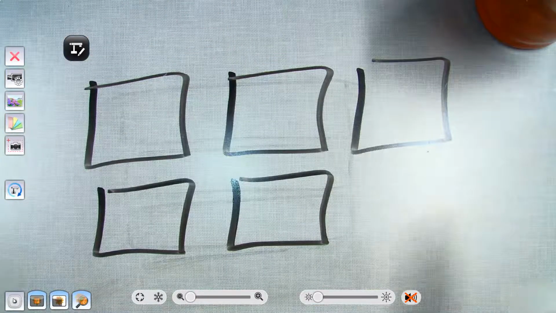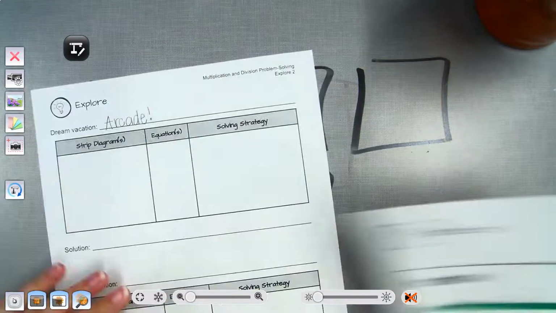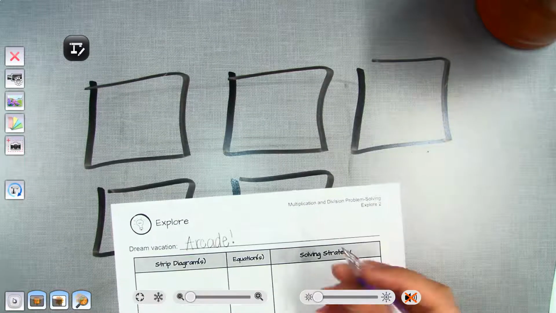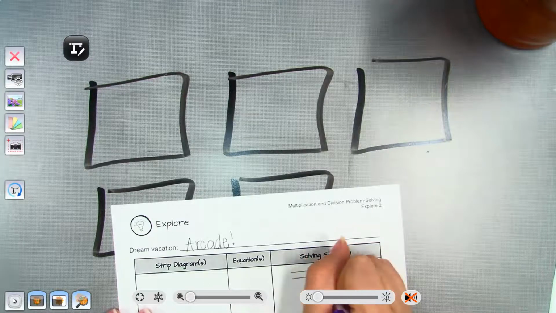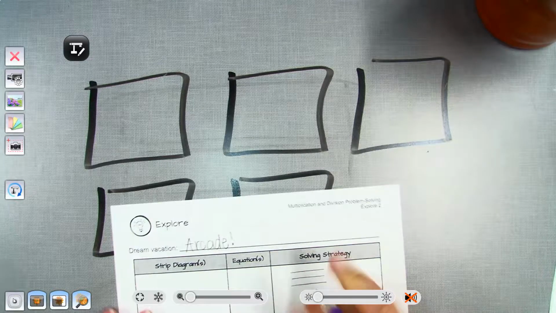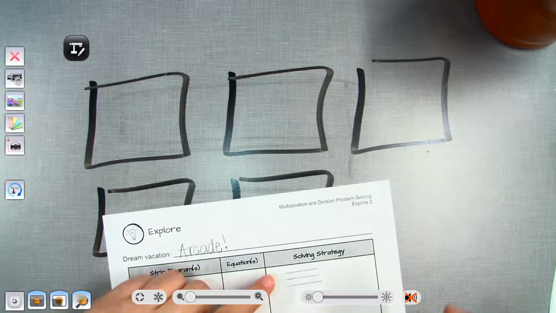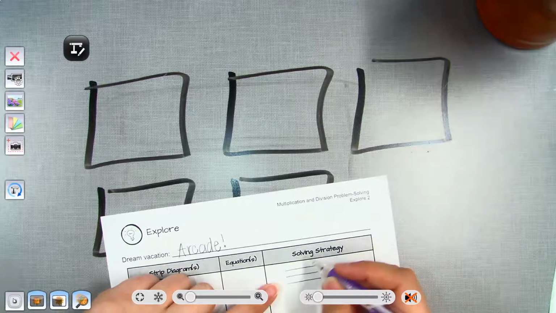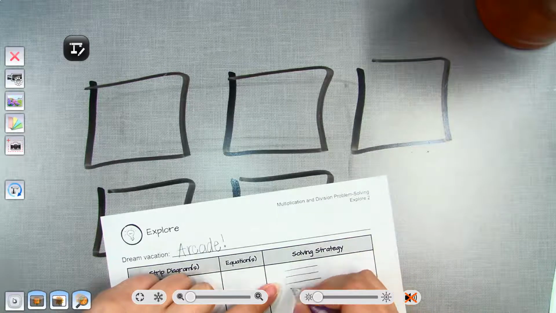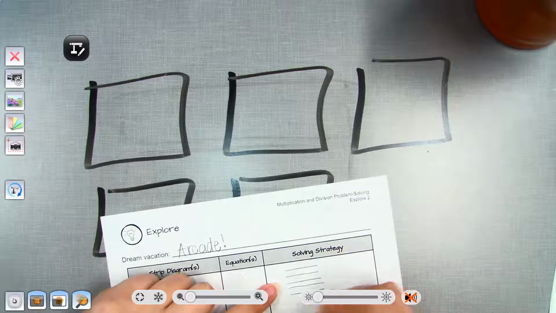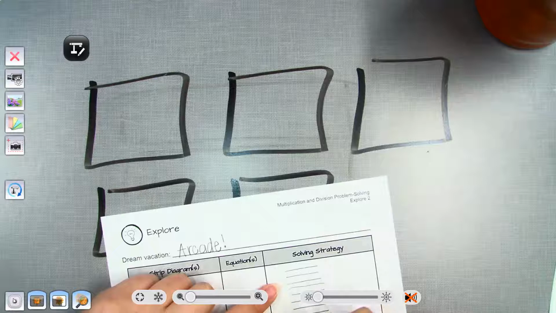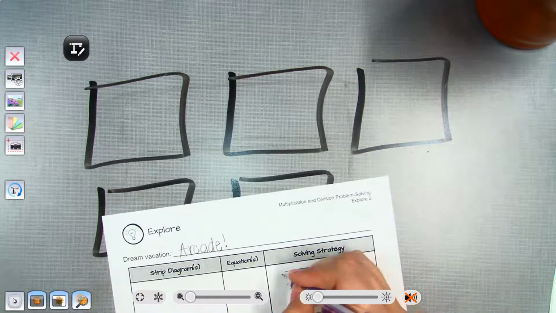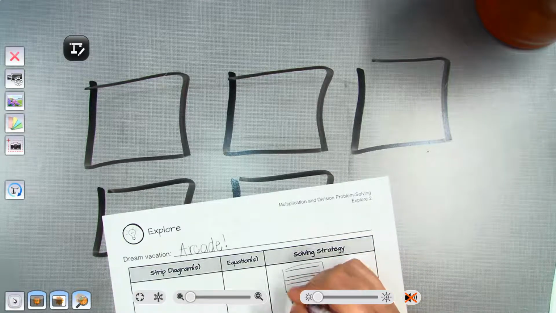Okay. So I'm going to draw my picture. 1, 2, 3, 4, 5, 6, 7, 8, 9, 10. And each person is getting 2.